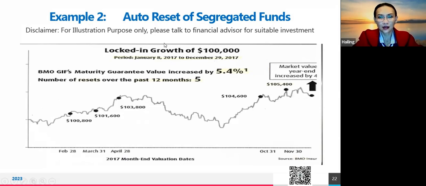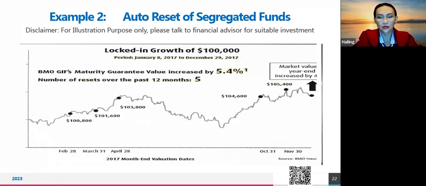In this segregated fund, what we can do is set up an automatic reset. So whenever the computer sees that the market value is higher than the previous one, it can reset this for you automatically. It's not done manually by a human being.